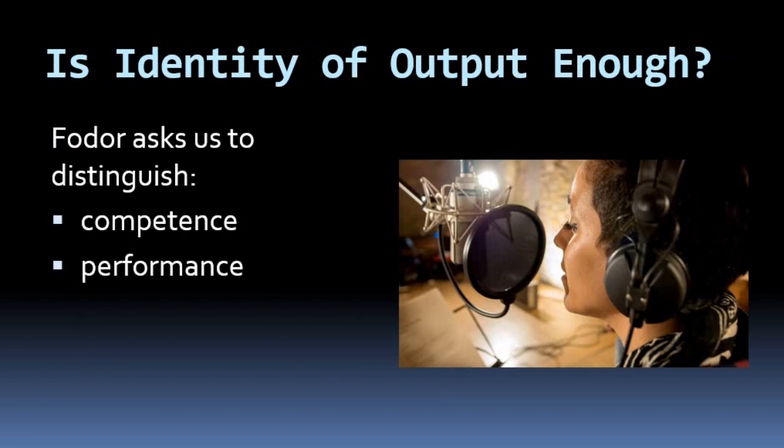Now, the lecture is being recorded, and if you play it back, the computer that you're playing it on might not strike you as an intelligent agent. Nonetheless, they're generating identical performances. All of the sounds that I'm making are made by the computer. So the thing that maybe convinced you that the sounds you're hearing are coming from an intelligent agent, just the performance doesn't seem to be enough.